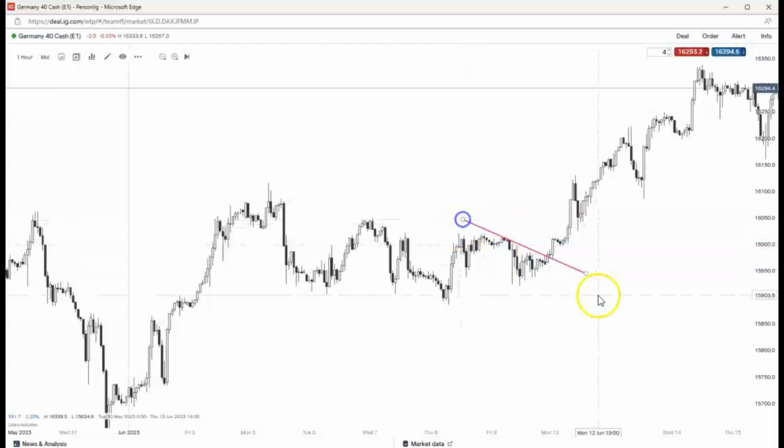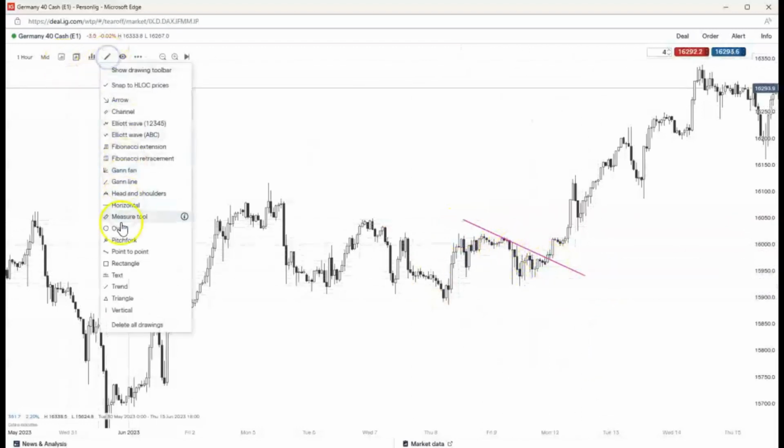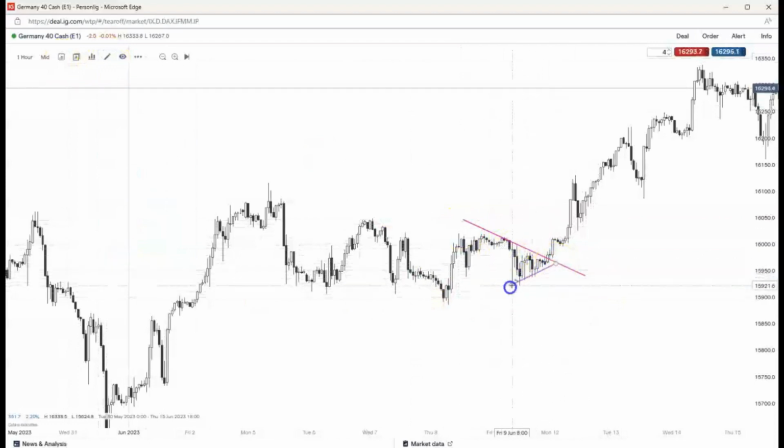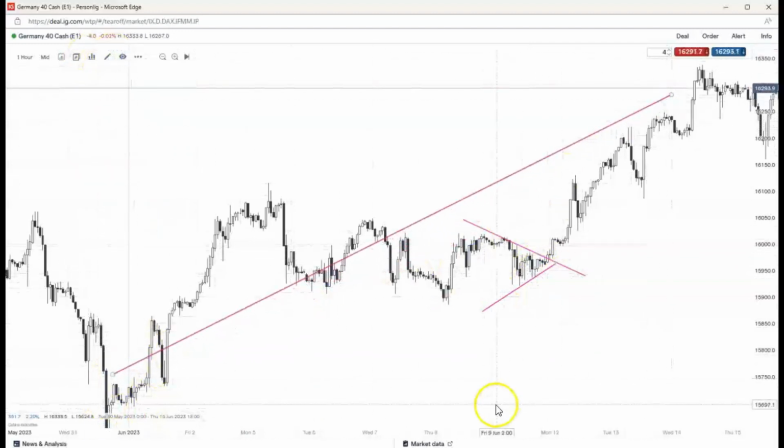So if we say, here we have a triangle. I can see that the market is in an upward direction right now, so I want to be a buyer.